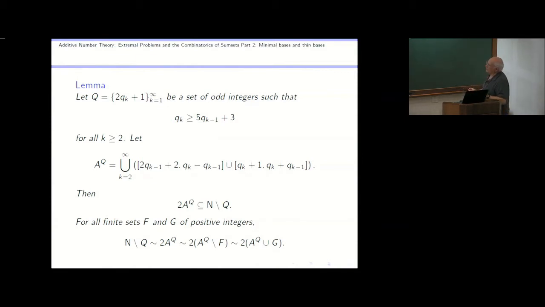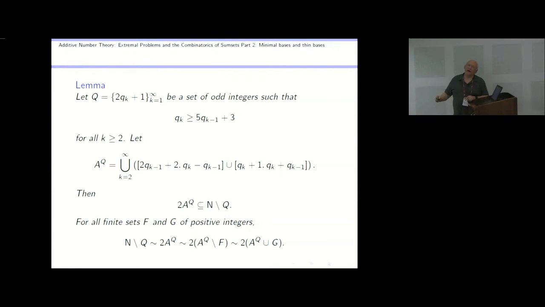So if you take this sum set, it's contained in the complement of Q. So if you take 2 elements of this set and add them together, you'll never get one of these. But what you will get is almost all other numbers. So when you write one set squiggle another set, it means they coincide from some point on. So this statement means that if I take the sum set, this set added to itself, you get all numbers in the complement of Q with finitely many exceptions.